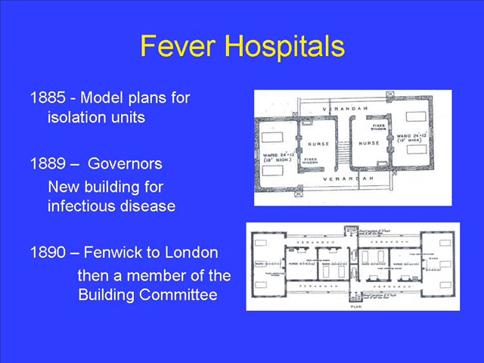The end result was that in Britain, as also occurred on the continent, they began in the late 1860s to build small and large fever hospitals. And by 1885, there were well-defined plans of how a fever hospital should be set up.